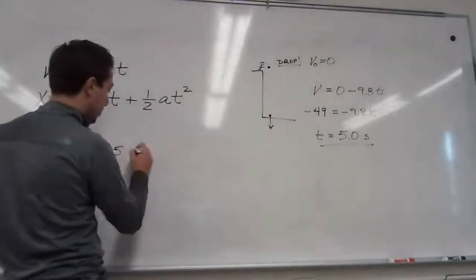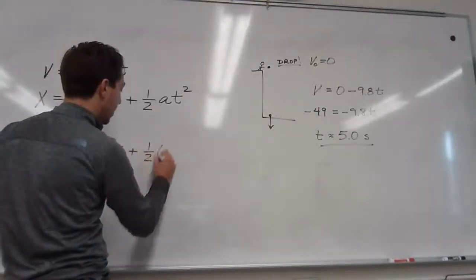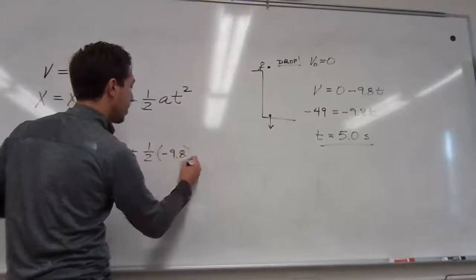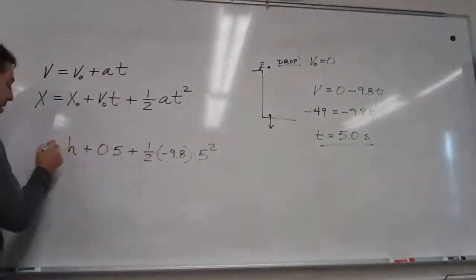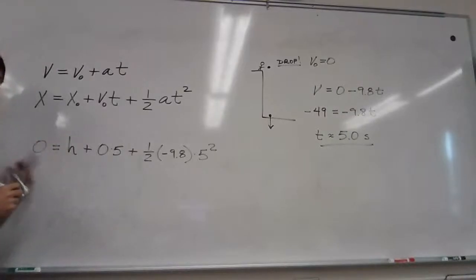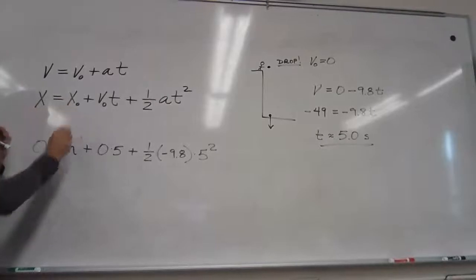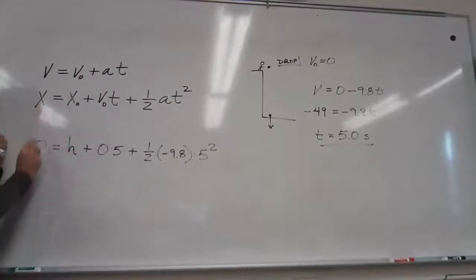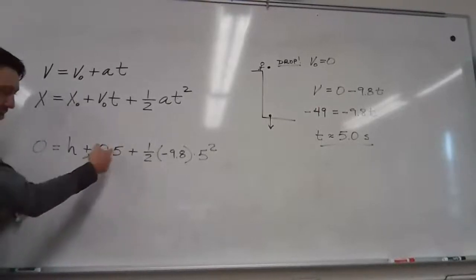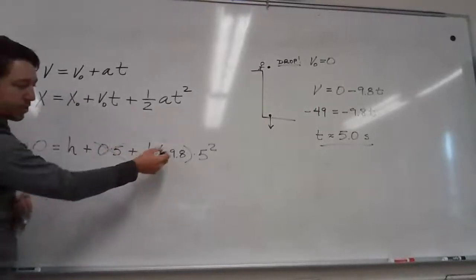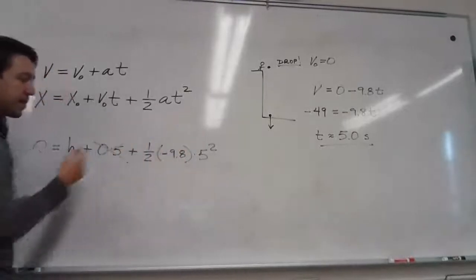And then plus 1/2 times negative 9.8 times 5 squared, because the time is 5, right? And set that equal to 0, because when I hit the ground, my height is 0. Make sense? Initial height is how tall the building is. Final height is 0. If you had to do all that, that's just nothing. And so there's your 4.9 times 25.